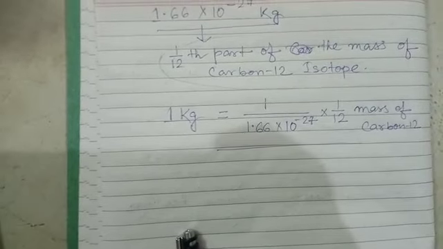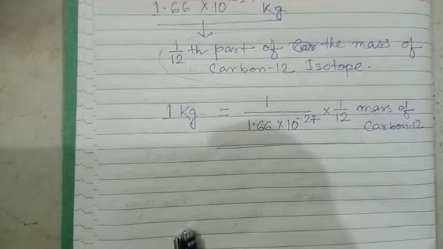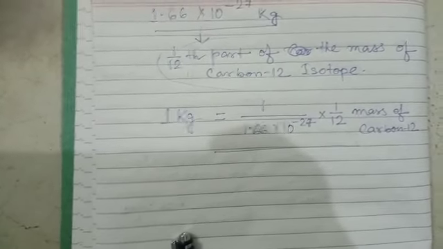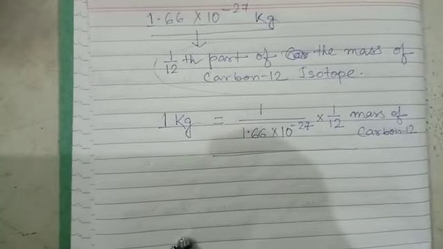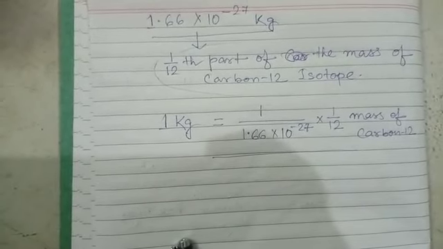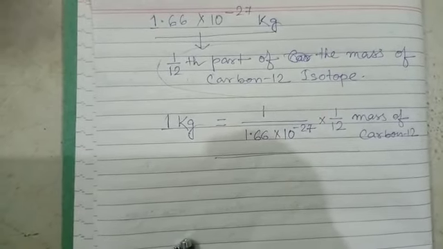So if the duration of the time period is 9 times or 192 times or 631 times, and the 770 periods of radiation corresponding to the transition between two hyperfine levels of the ground state of the cesium-133 atom.